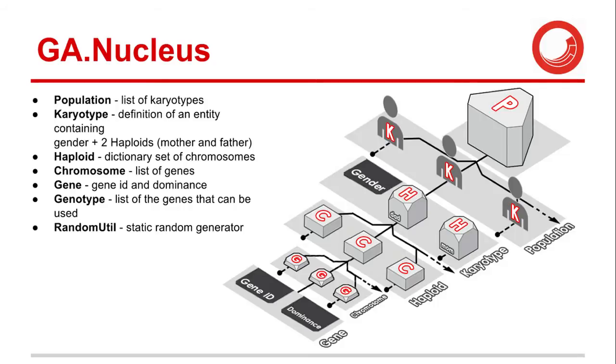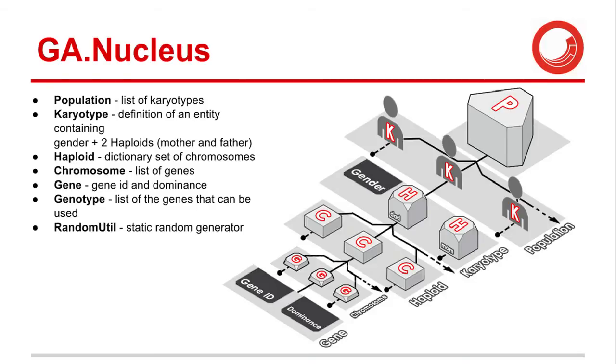So you end up showing half of your DNA. The other half is hidden. And this is how it's structured. So I basically made a haploid a dictionary of chromosomes. A chromosome is a C# list of genes. And a gene only has an ID and a dominance.